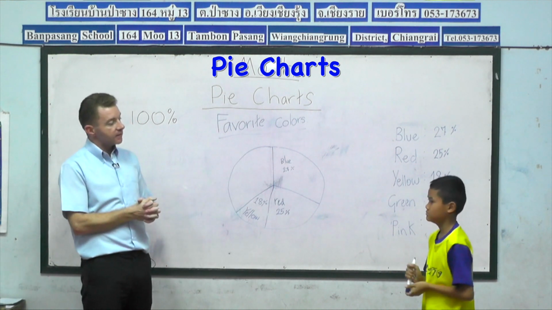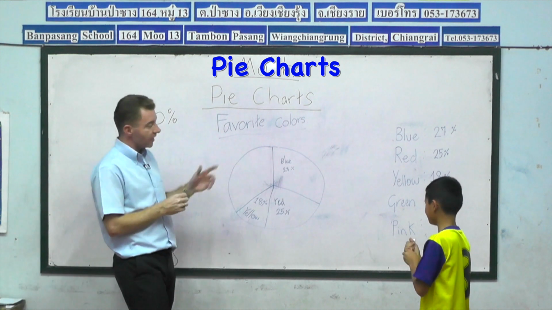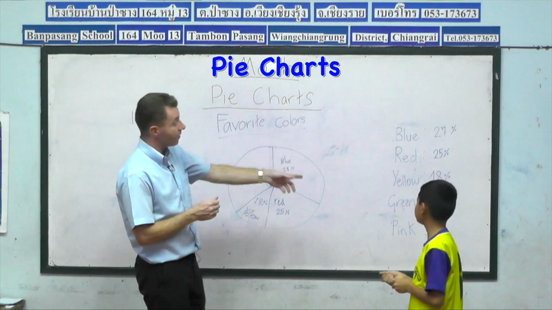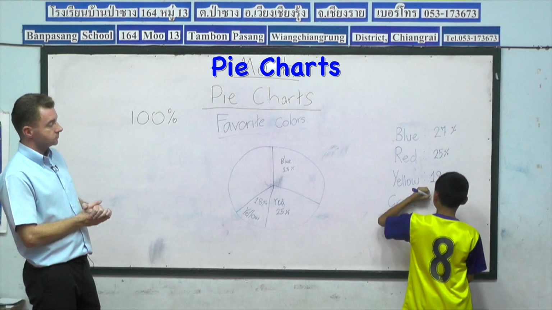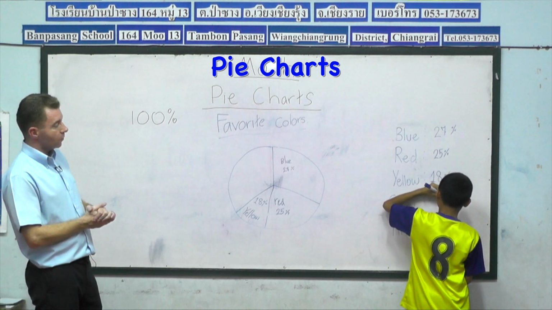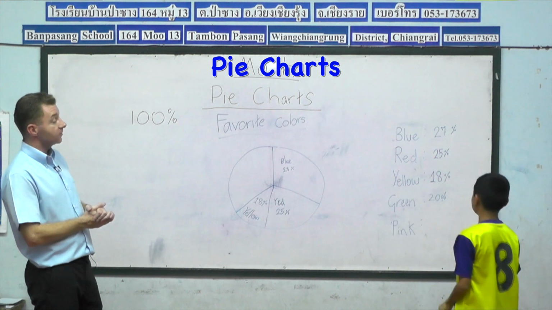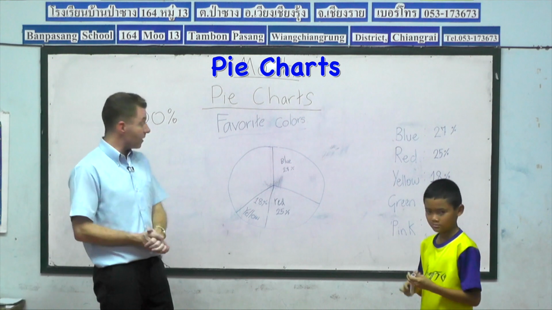Can you think of a percentage? 20%. Okay, so the first thing that you need to do is to write next to green 20%. Excellent, Chu.